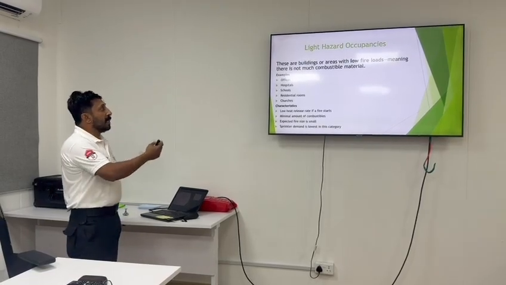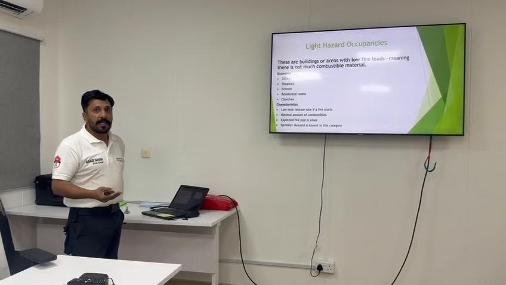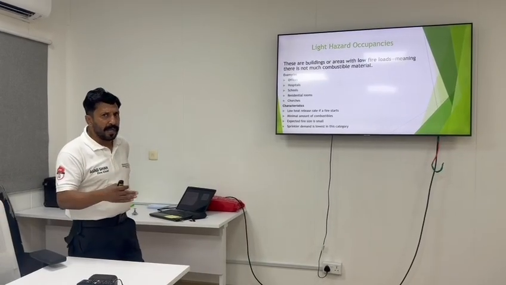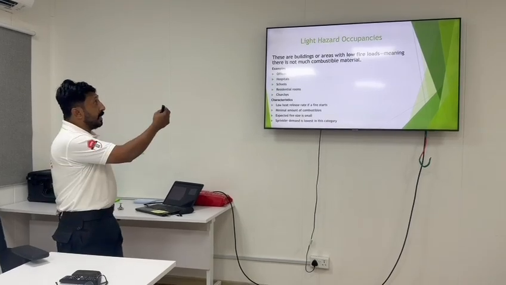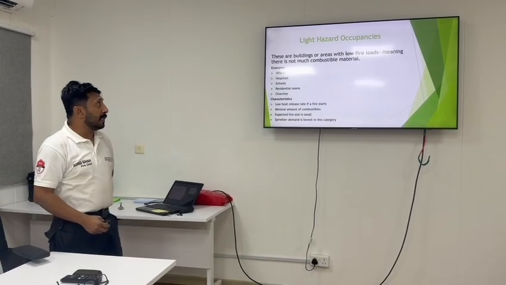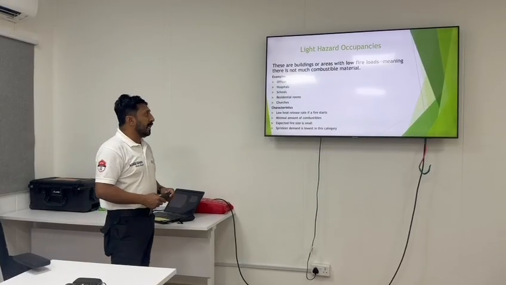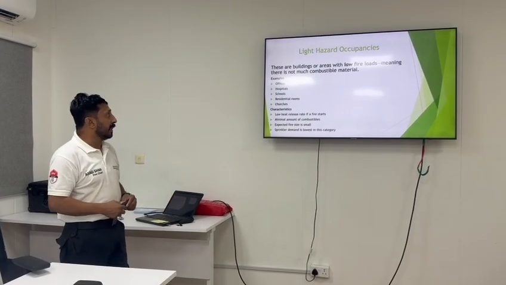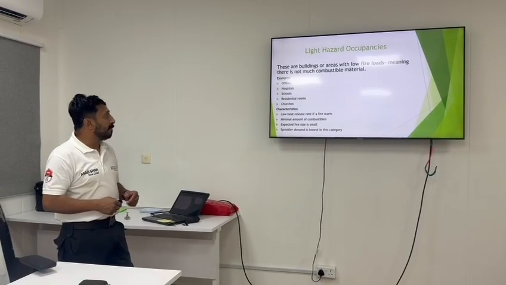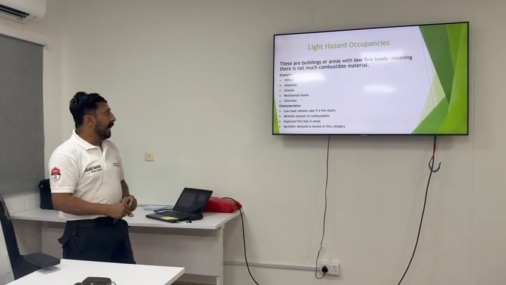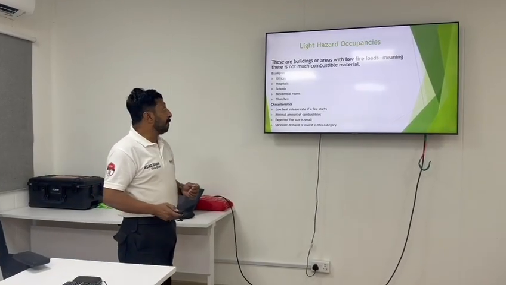For example, offices, hospitals, schools, residential rooms, and churches or mosques, or wherever we go for prayers. The characteristics of these light hazard occupancies are a low heat release rate if a fire starts there, and a minimal amount of combustibles. The expected fire size will remain small, and sprinkler demand is lowest in this category.